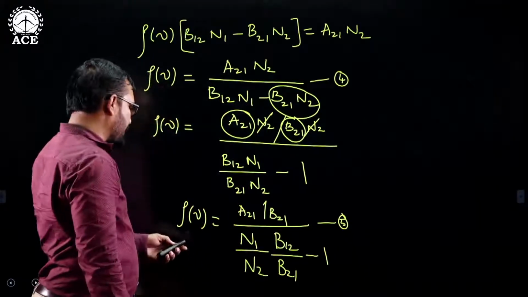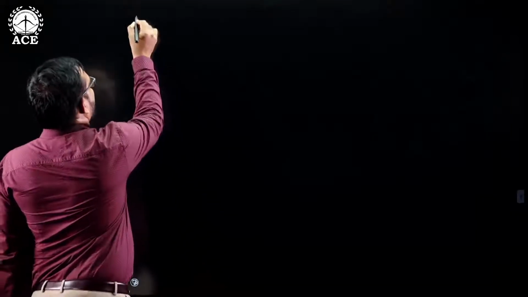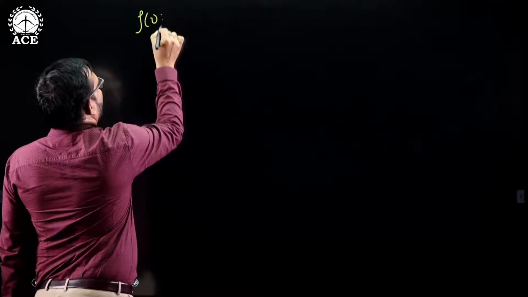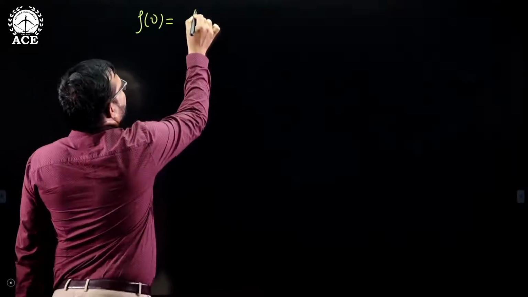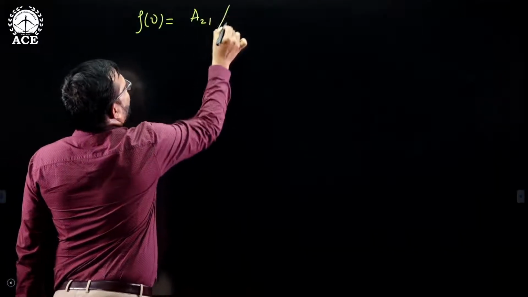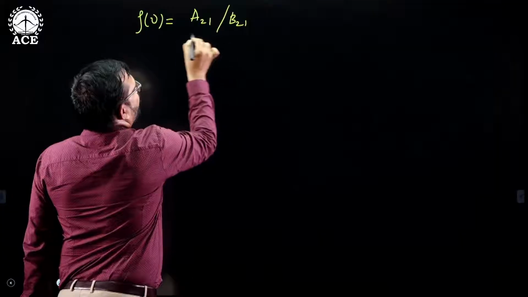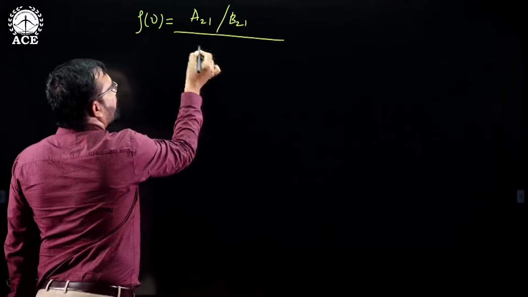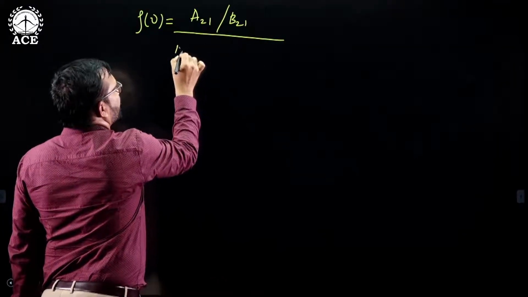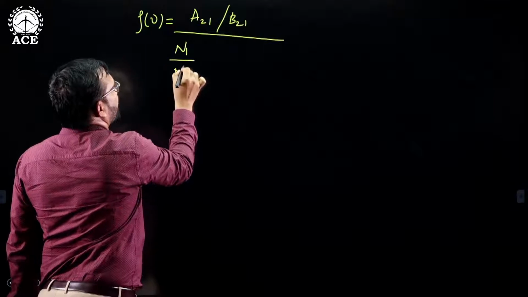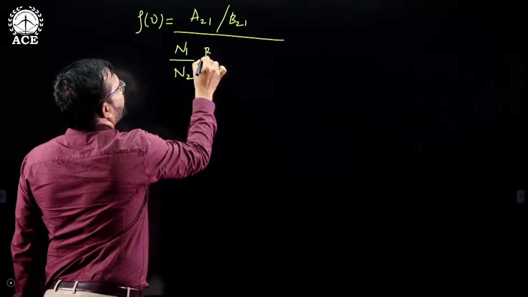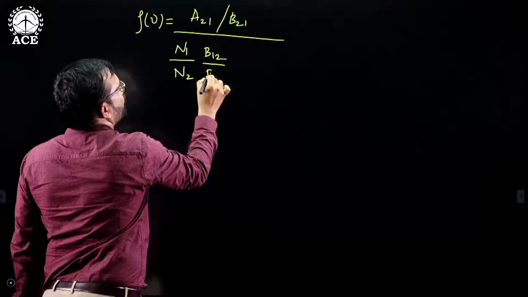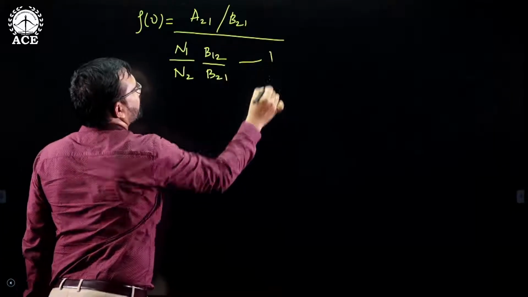Rho nu is equal to A21 by B21 into 1 by, N1 by N2, B12 by B21 minus 1.